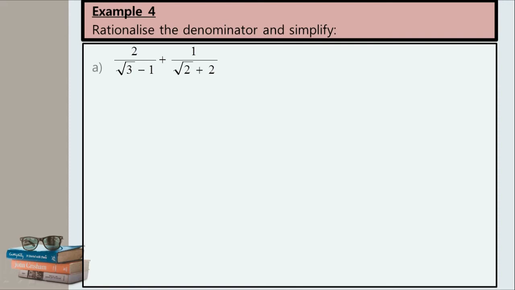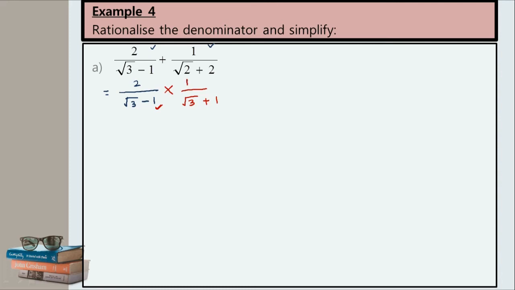For example 4a, we have 2 over surd 3 minus 1 plus 1 over surd 2 plus 2. Okay, to rationalize this example, first, since we have 2 terms here, so 2 over surd 3 minus 1, we need to multiply with the conjugate. Since our denominator is surd 3 minus 1, so we need to multiply with the conjugate surd 3 plus 1.